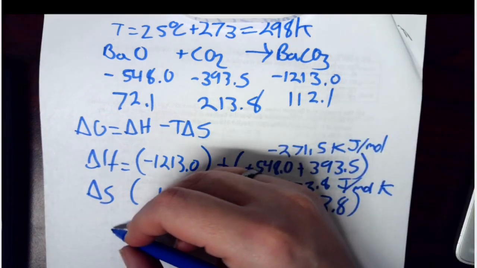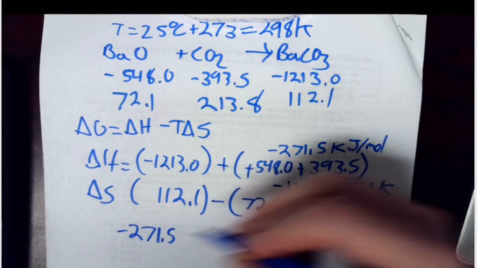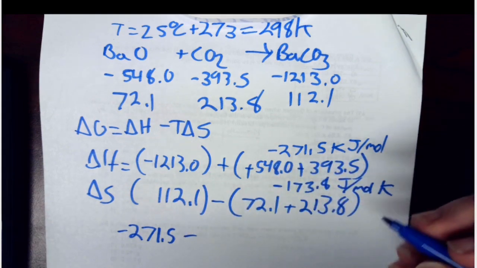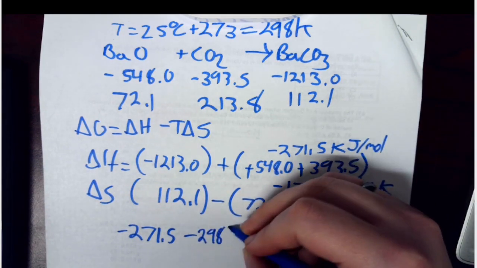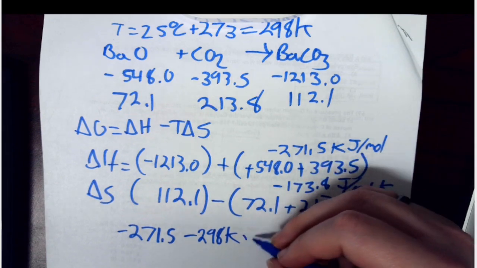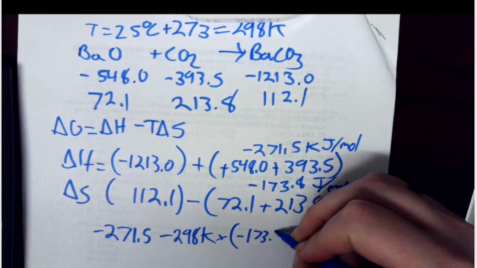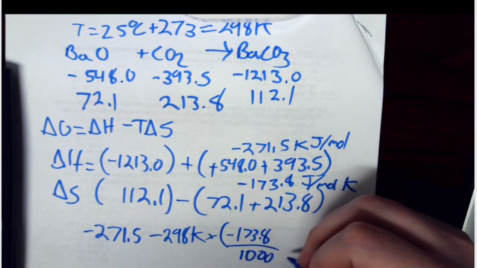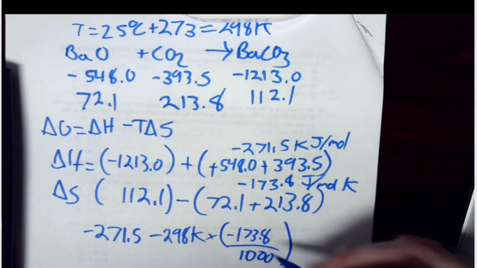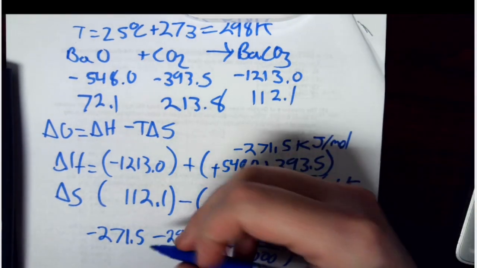Gibbs is so negative 271.5 minus 298 Kelvin times negative 173.8, but we have to divide by 1,000 to get this into kilojoules.